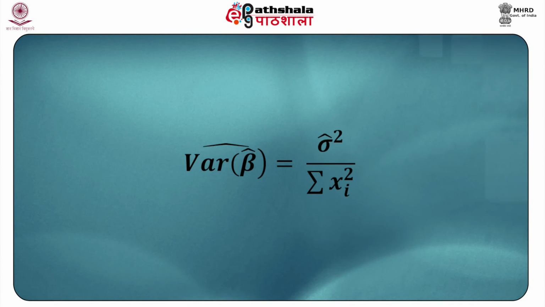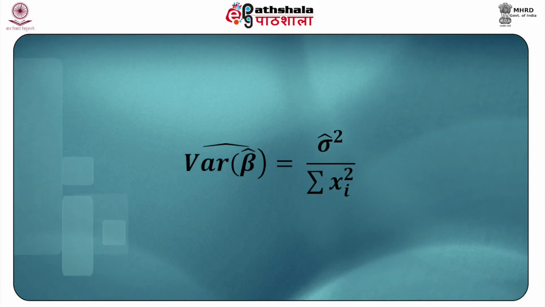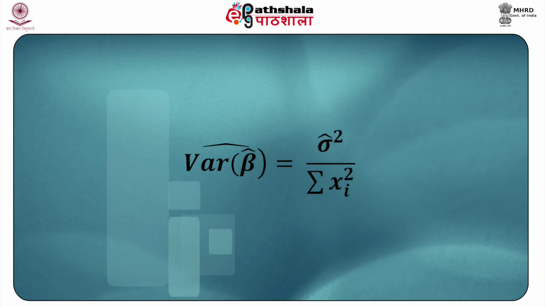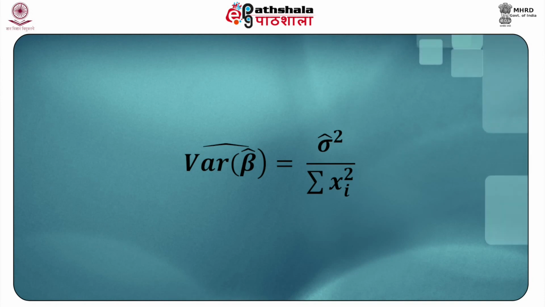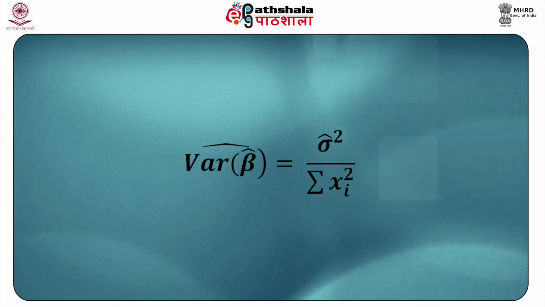The OLS procedure that ignores heteroscedasticity gives an estimate of the variance of beta hat equal to sigma hat square upon sigma x_i square.